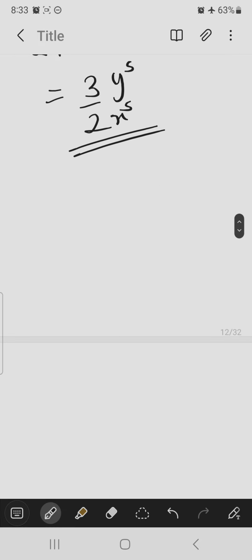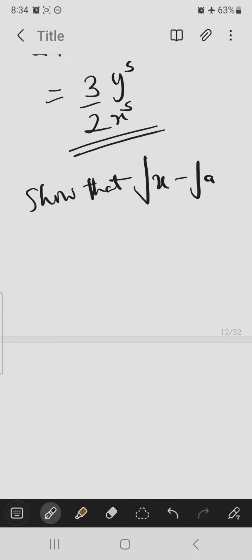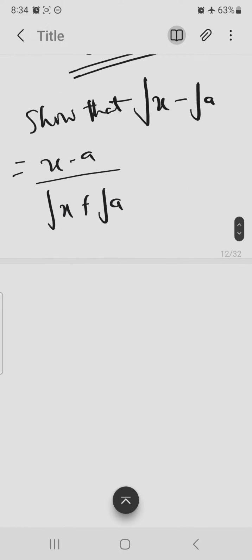The next one, they said that we show that root of x minus root of a is equal to x minus a over root of x plus root of a. You see this type of question, when you want to show something, one thing you must notice here is how this one and this one are related.